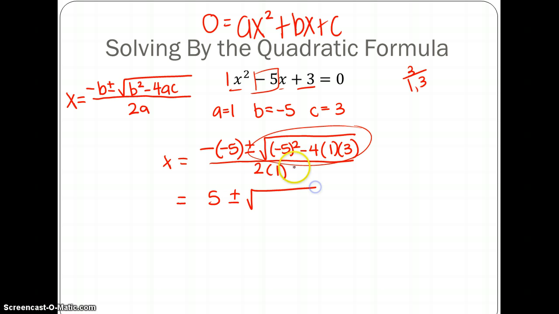Plus or minus, inside the square root we have -5 squared, that's 25, minus 4 times 1 times 3, which is -12. And 2 times 1 is 2. Really stay with that square root until you get to a final answer with it. 5 plus or minus the square root of 25 minus 12, which is 13.